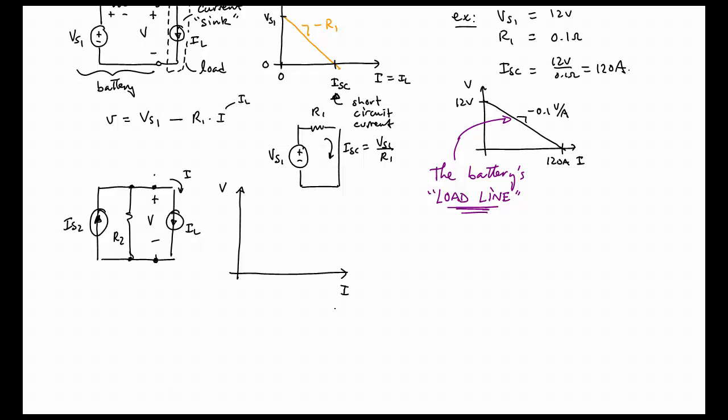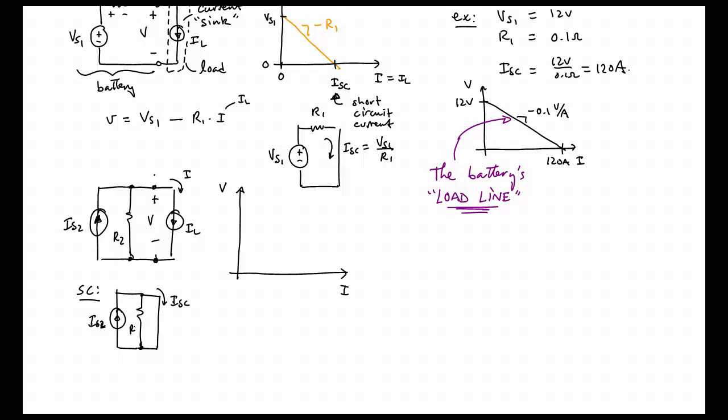And now, if we short the load, in other words, if V is equal to 0, so the short circuit condition now is going to be this. And this short circuit current flows through that short.